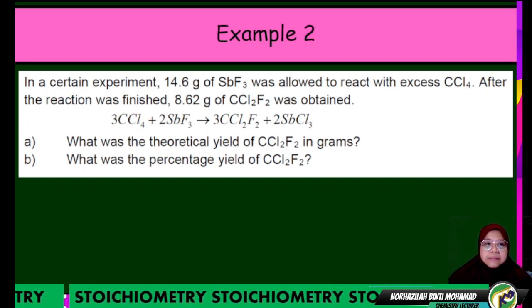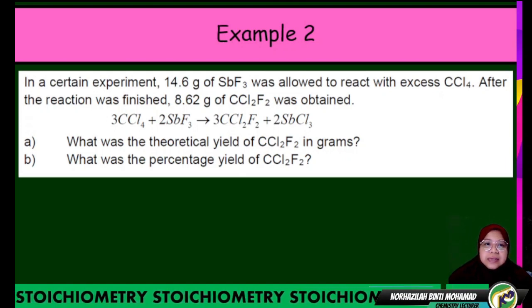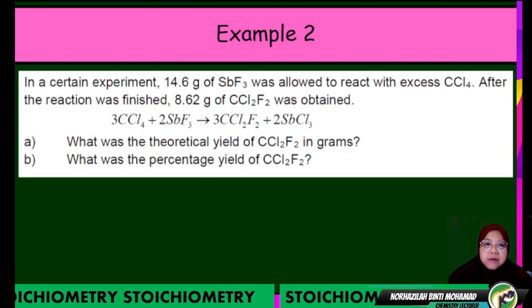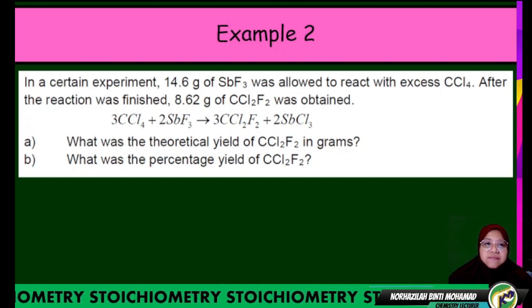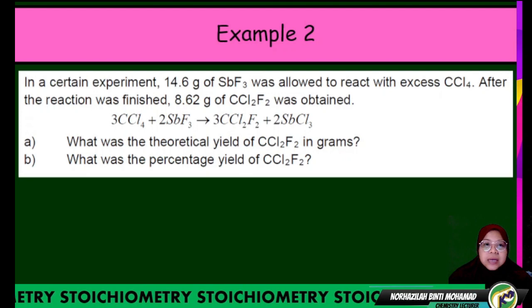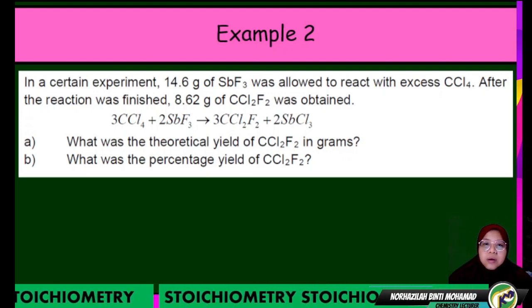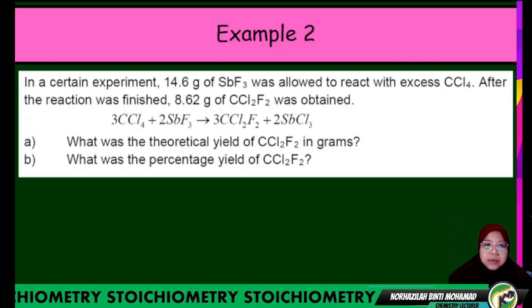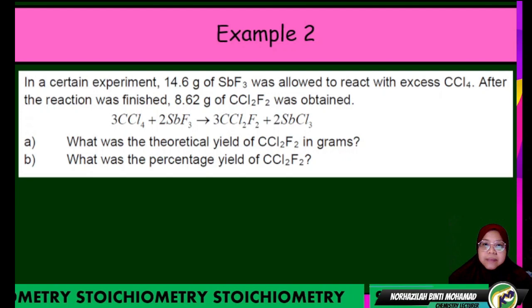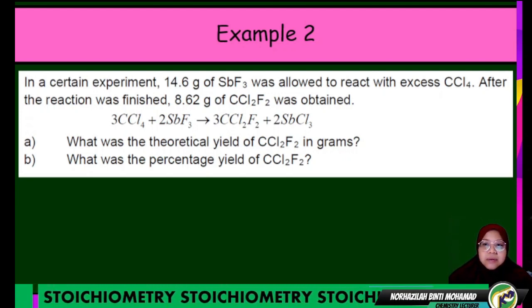In the second example, in a certain experiment, 14.6 grams of antimony fluoride was allowed to react with excess CCl4. After the reaction was finished, 8.62 grams of CCl2F2 was obtained. Okay, so I have the balanced equation. We need to check first whether the equation given is already balanced or not.